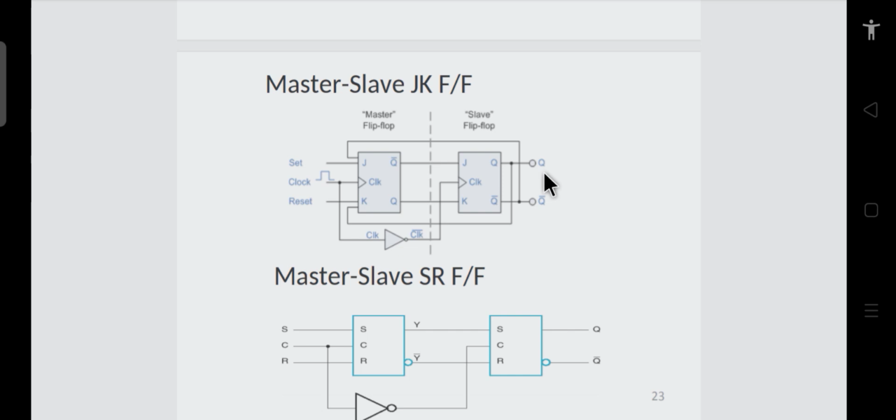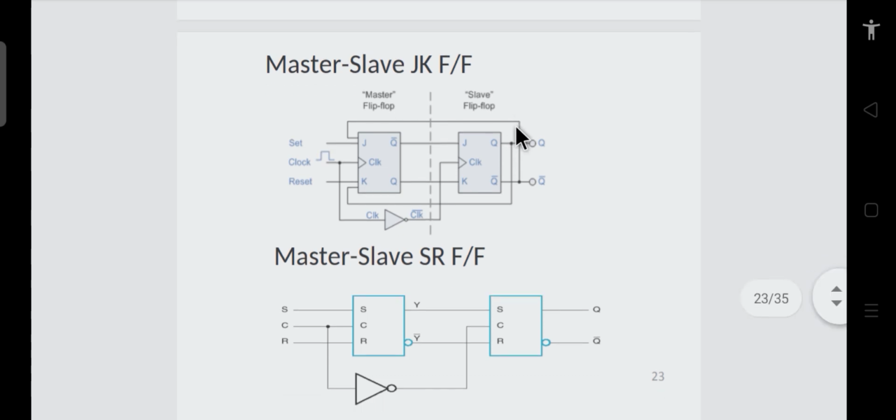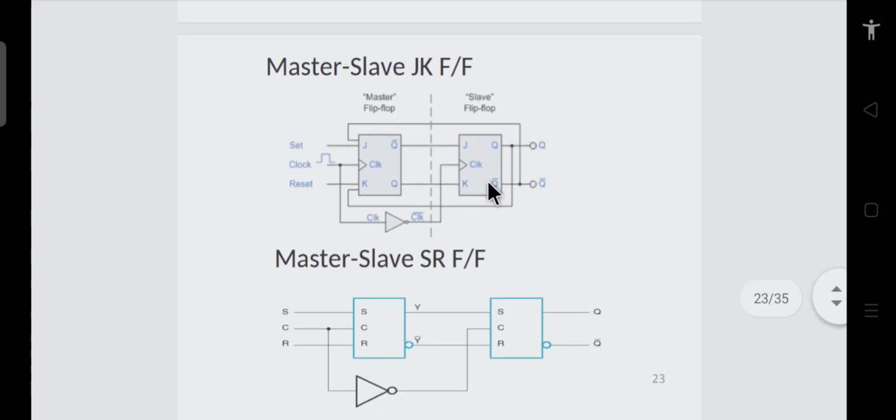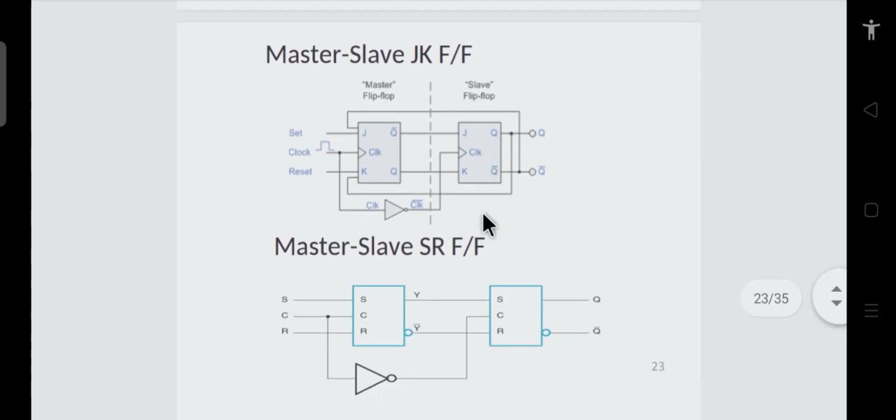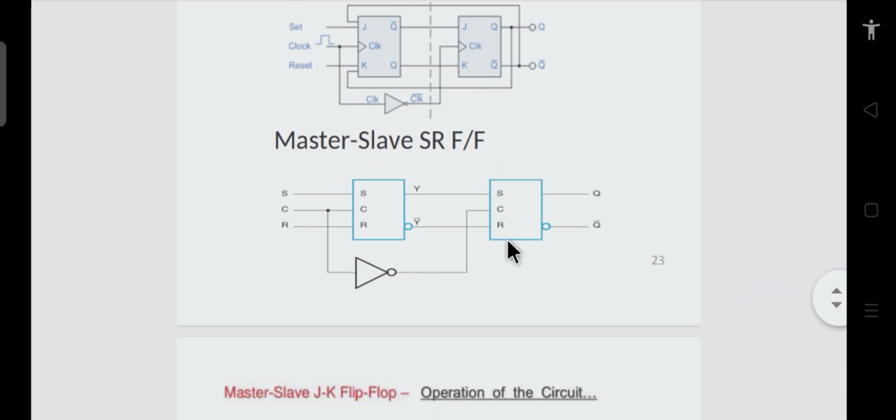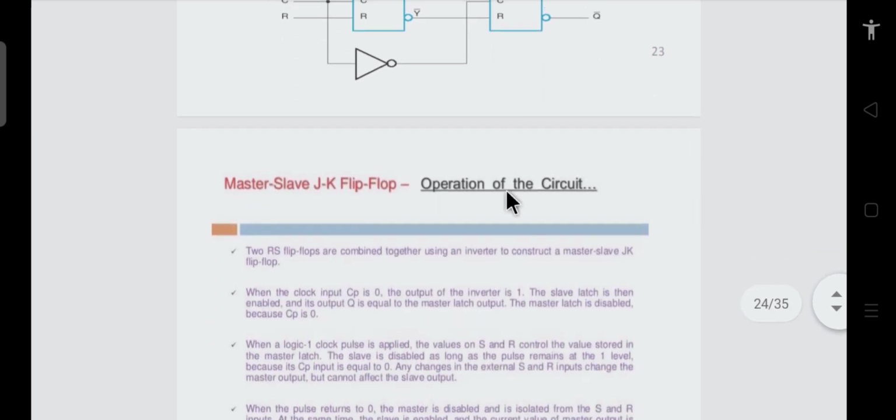Because of which we overcome this problem of race around, because the propagation delay will not affect the operation of the circuit, and the race around condition is avoided. Okay, so this is what the master slave technique is.